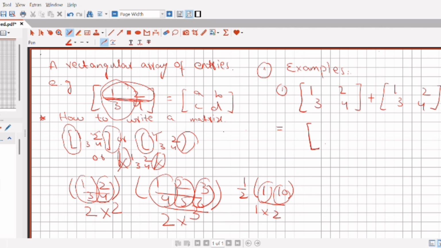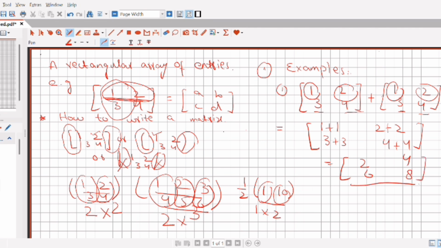In matrices we add the first entry with the first, the second with the second, the third with the third, and the fourth with the fourth. So 1 plus 1, then 2 plus 2, then 3 plus 3, then 4 plus 4. 1 plus 1 is 2, 2 plus 2 is 4, 3 plus 3 is 6, 4 plus 4 is 8.